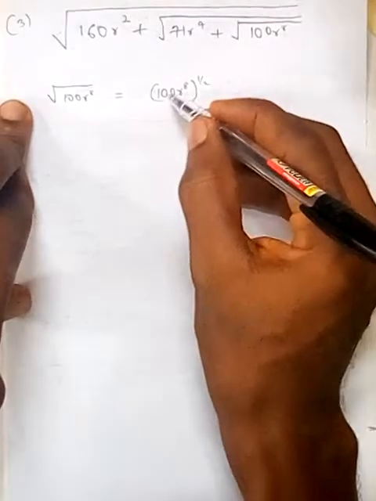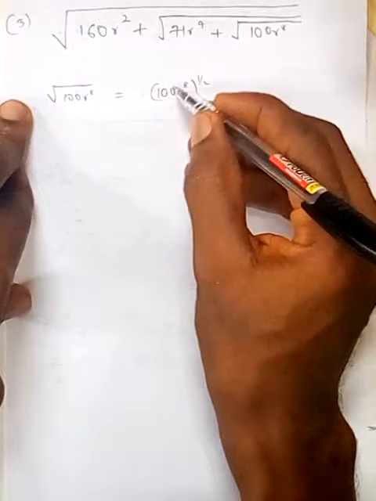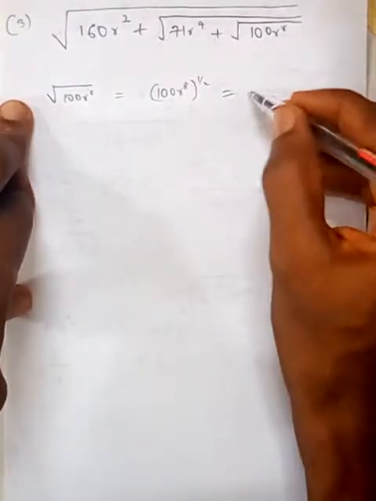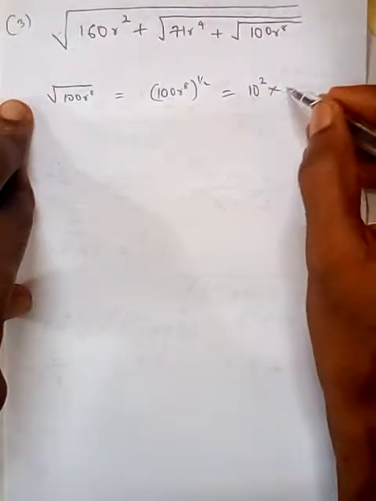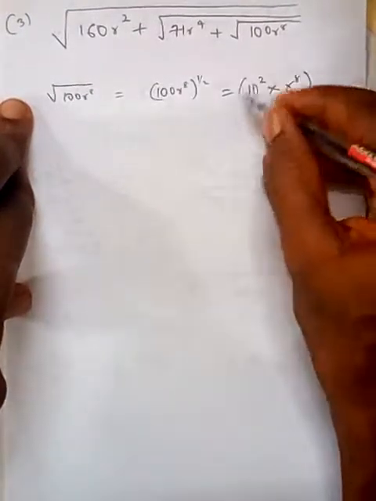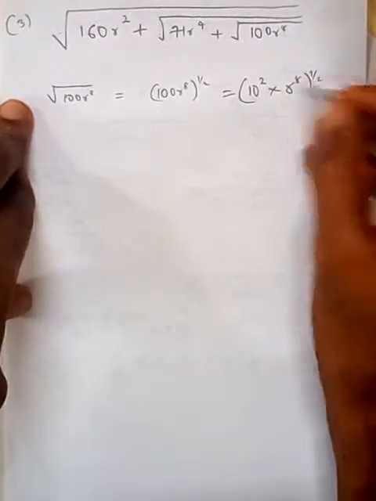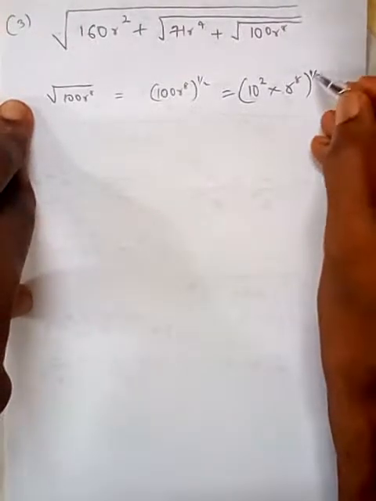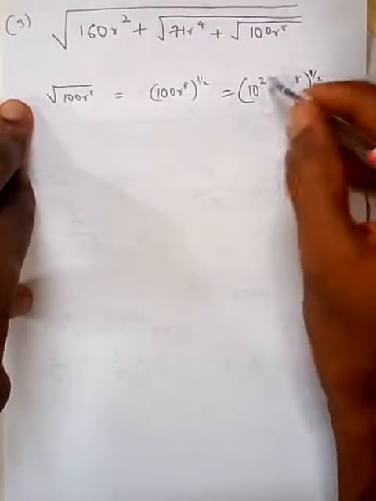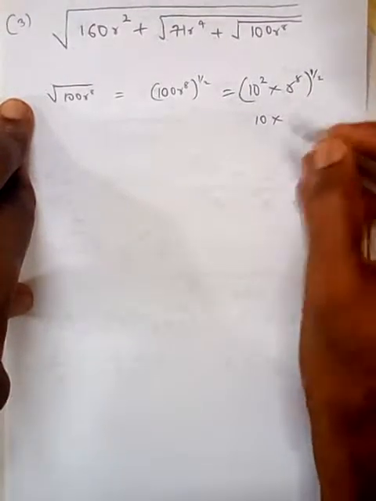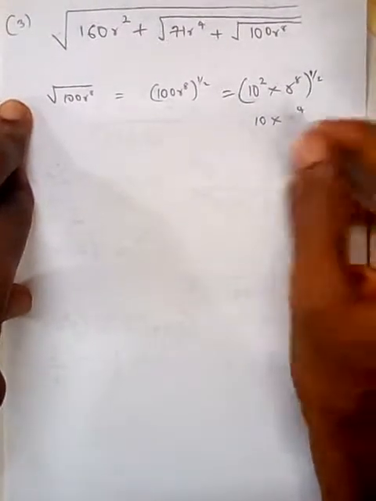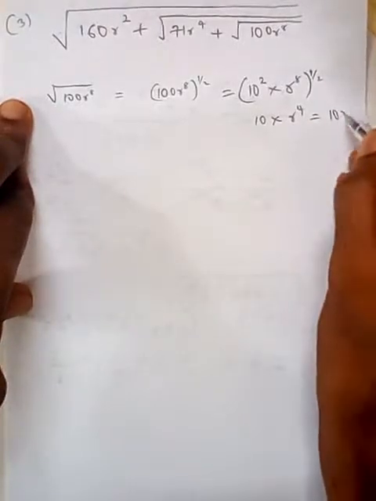So you take 100 to be 10 raised to the power 2, times r raised to the power 8, raised to the power 1 over 2. Okay, these two can now go in. 1 over 2 times this cancels, so it's going to give us 10 times r raised to the power 8 times 1 over 2, which gives us 4. So that's 10 r raised to the power 4.